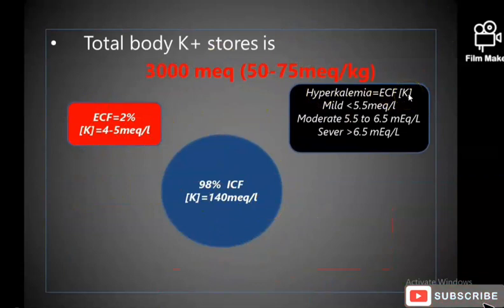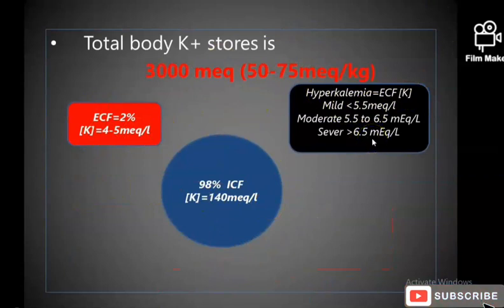Hyperkalemia can be divided into mild, moderate, and severe based on the degree of potassium. When the potassium concentration is between 5 and 5.5 milliequivalents per liter, it is called mild, between 5.5 and 6.5 it is moderate, and greater than 6.5 it is severe.